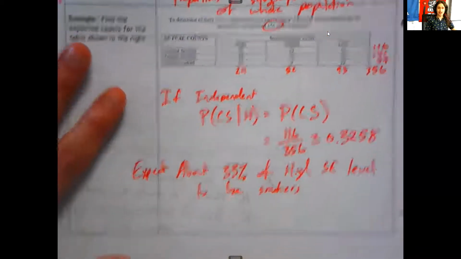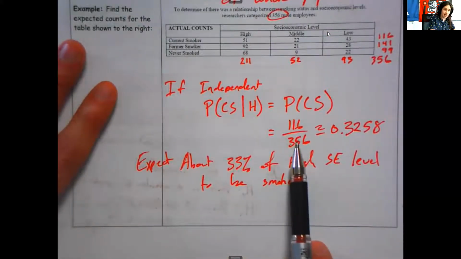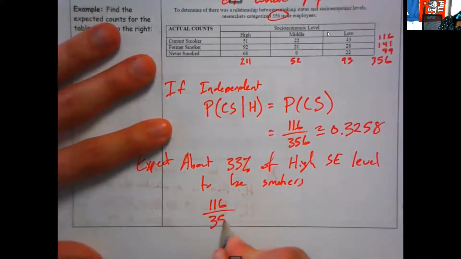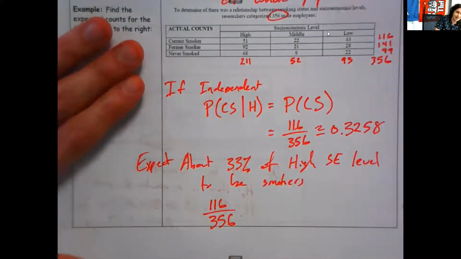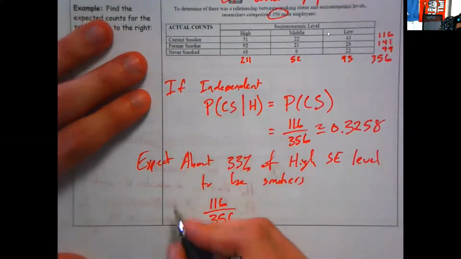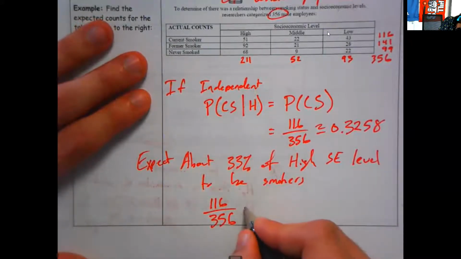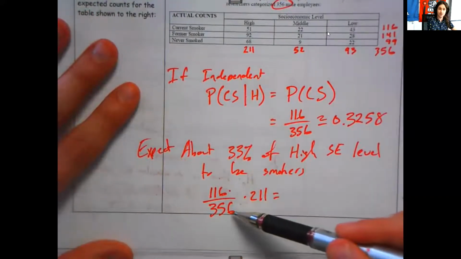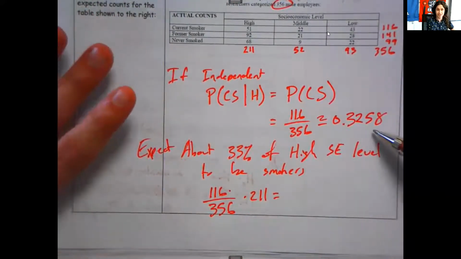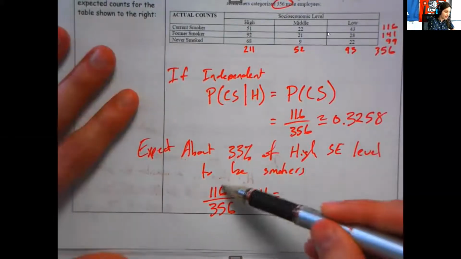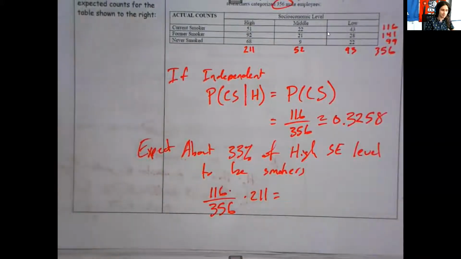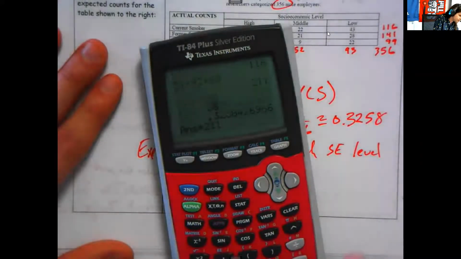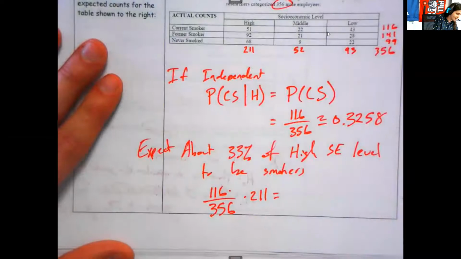How do we find that? 116 out of 356 times the whole total number of high socioeconomic people, 211. If they're independent and 33% of everybody is smoking, then 33% of the high socioeconomic status people should be smoking. We multiply that times 211 and we get 68.75.